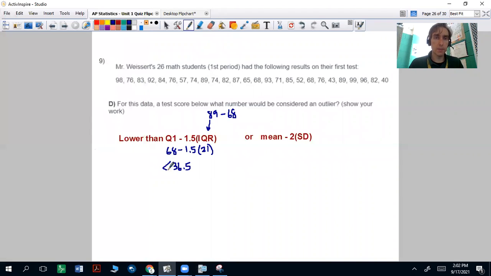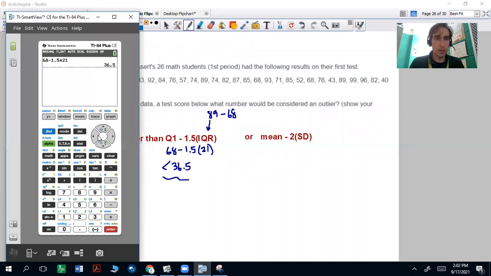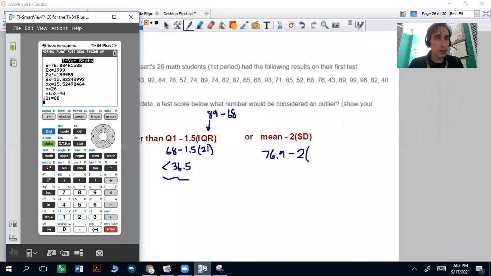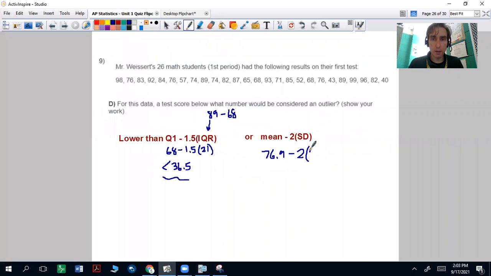Now, chances are, we're in whole percents here, so you could say 36 or lower, and that's fine. But that would be considered an outlier. You could also do the mean minus 2 standard deviations. Our mean, 76.9, minus twice, what is that, 15.8.